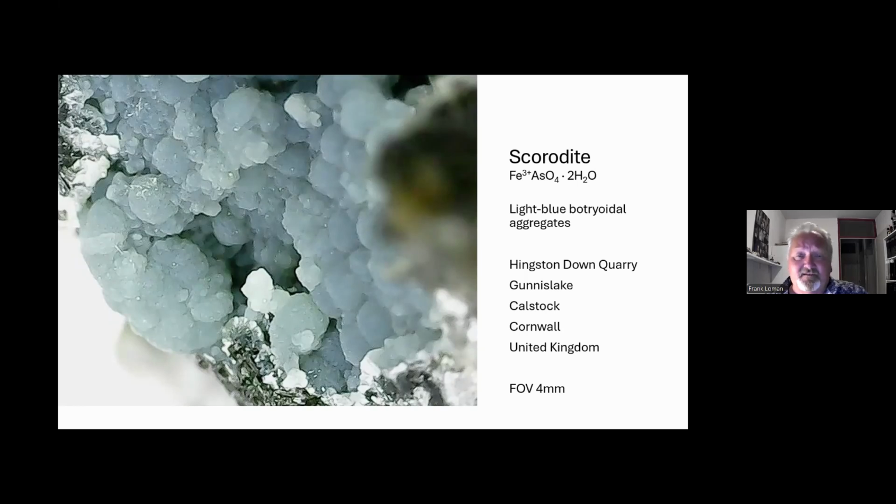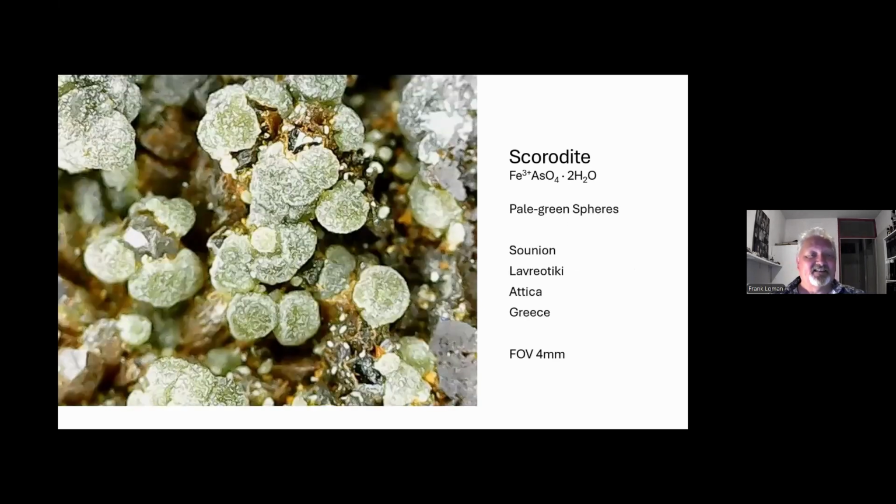But these are botryoidal aggregates. Also scorodite from the Hingston Down quarry in Cornwall. Scorodite can also get pale green spheres. This one comes from the Sounion area in Lavrion.